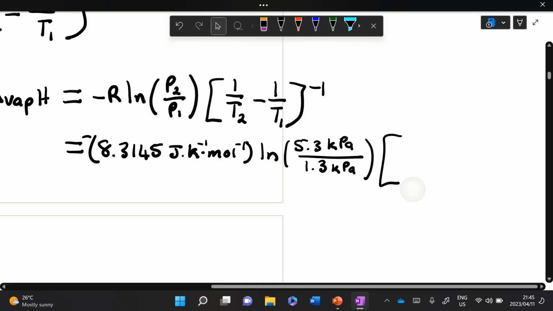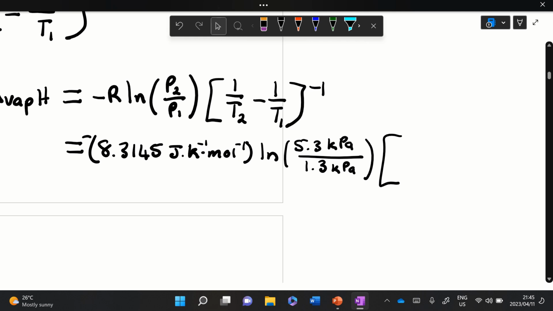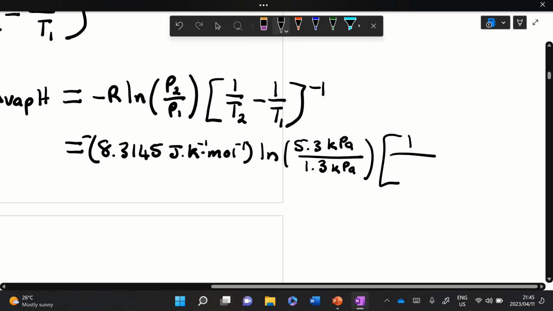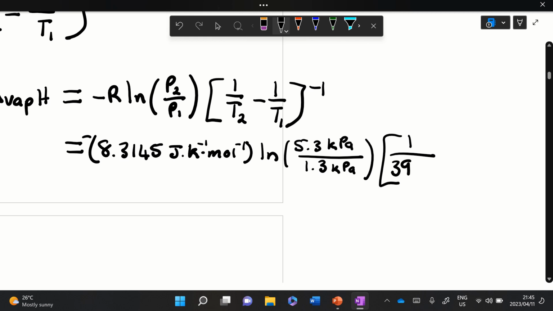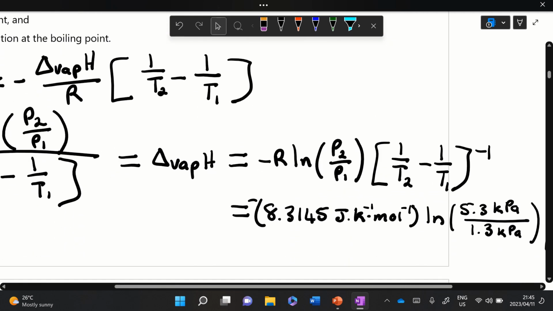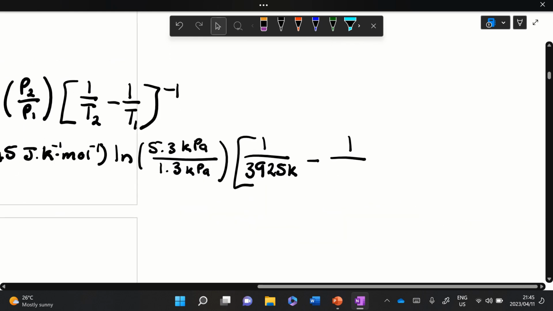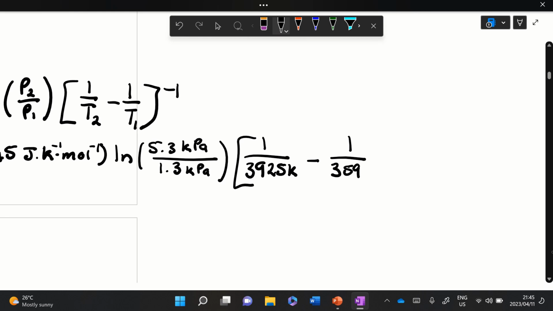So that goes 1 over 392.5 Kelvin, minus 1 over 85.8 degrees, which is 359.0 Kelvin, to the power minus 1.